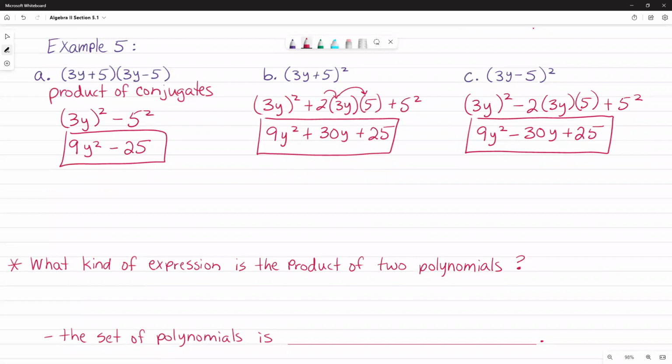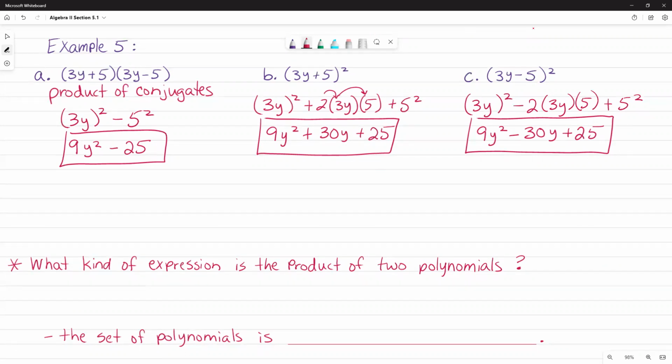All right, what kind of expression is the product of two polynomials? We talk about this at the end. When you look at all of these answers in example 5, what kind of expressions are these? Trinomials, polynomials.